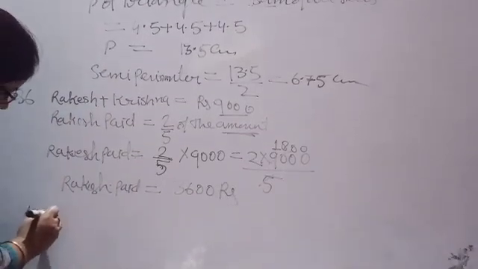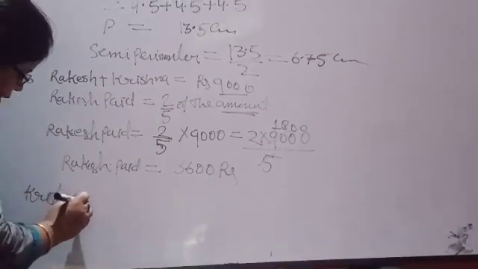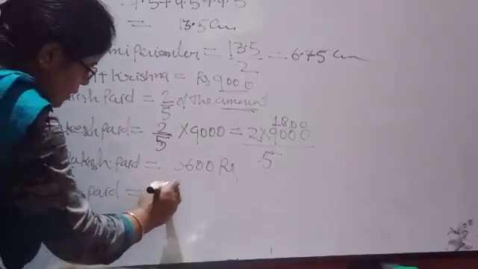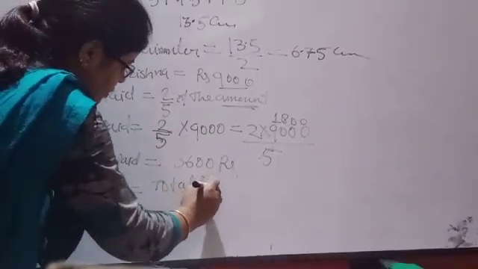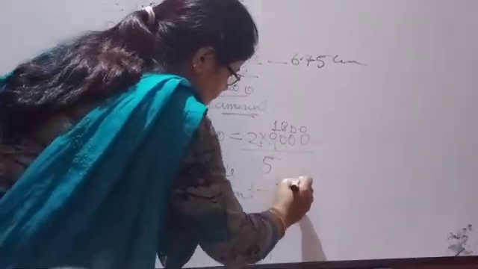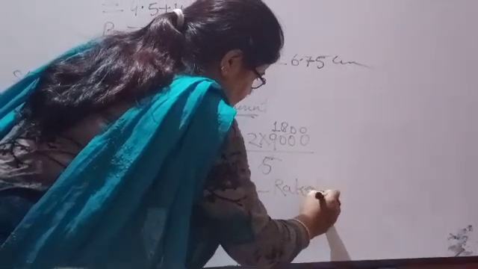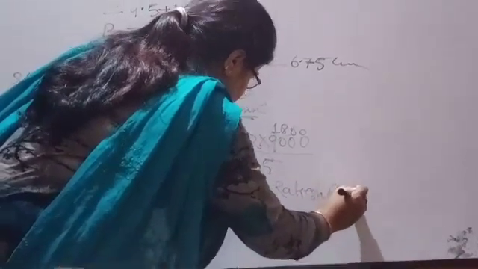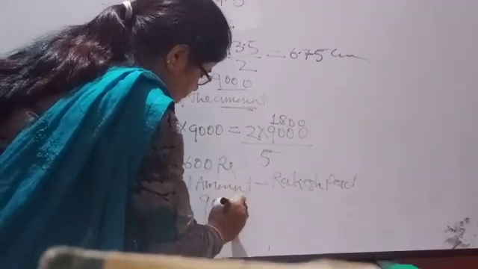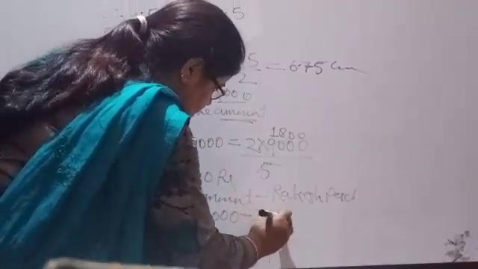Krishna paid the total amount minus what Rakesh paid. See that, the total amount is 9,000 minus 3,600.